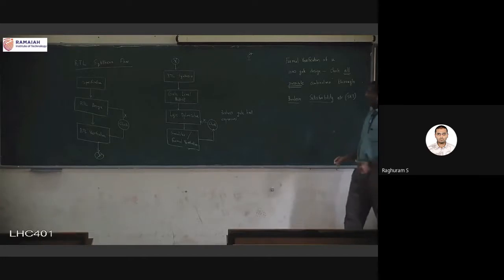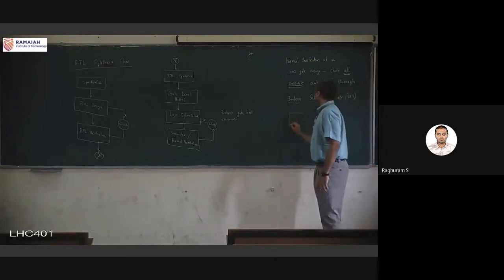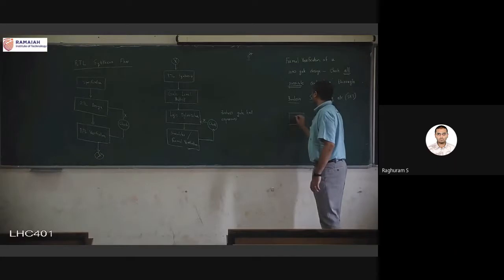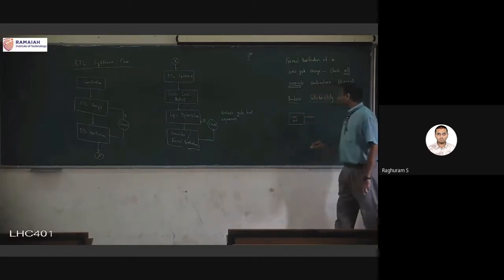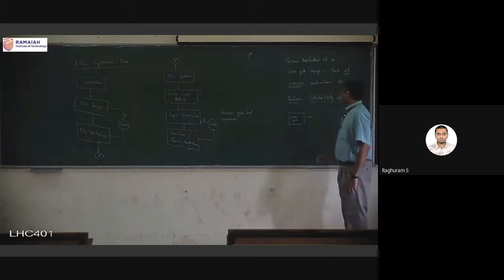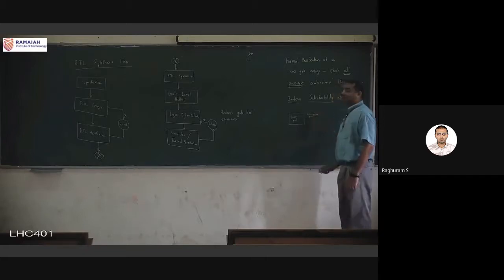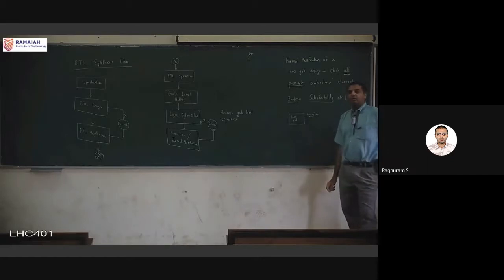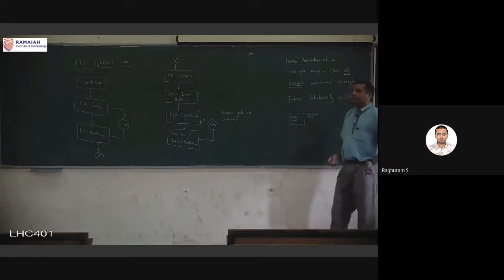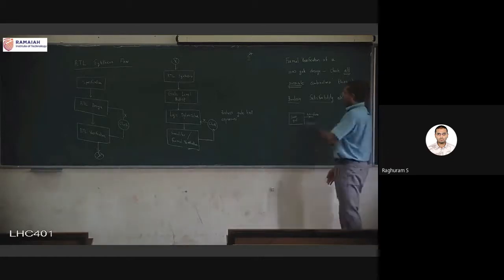For example, I have a block here, my 1000 gate block, and suppose I am giving this to some other block, and if the output 1010 is an error. Now, the problem with simulation is, I don't know which input combinations will produce this error.